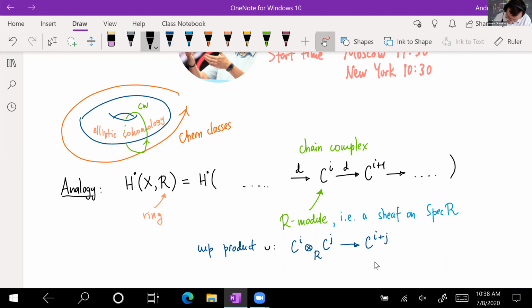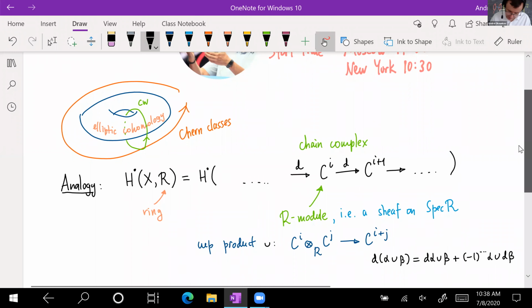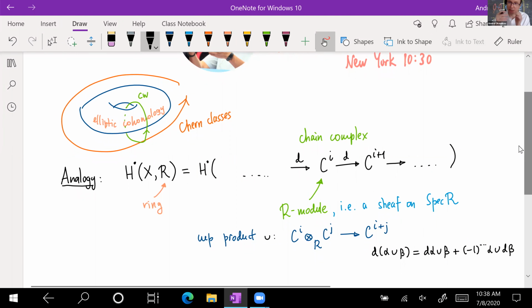and it satisfies the usual rule that the differential of alpha cup beta is the differential of alpha cup beta plus (-1) to the degree of alpha times alpha cup the differential of beta. So this would be an unfortunate choice of notation. You can't tell my d from my alpha.